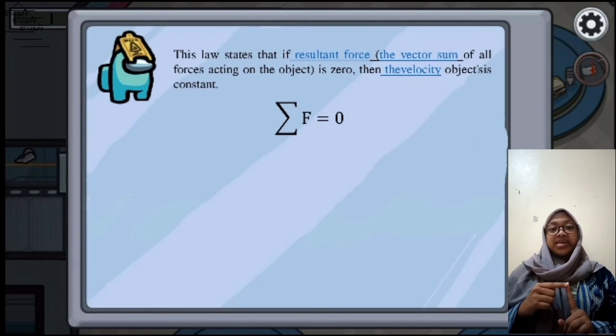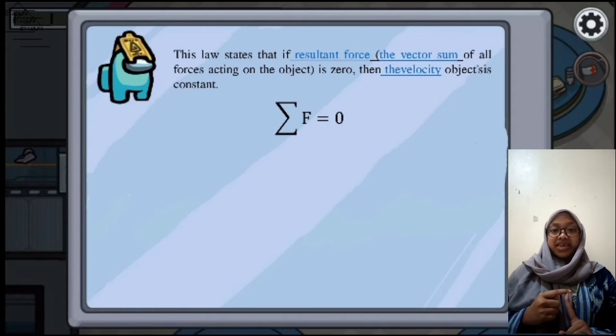An object that is stationary will remain stationary unless a resultant force that is not 0 acts on it, or no external force influences it. 2. An object that is moving with constant speed and direction will not change its speed unless a non-zero resultant force acts on it.